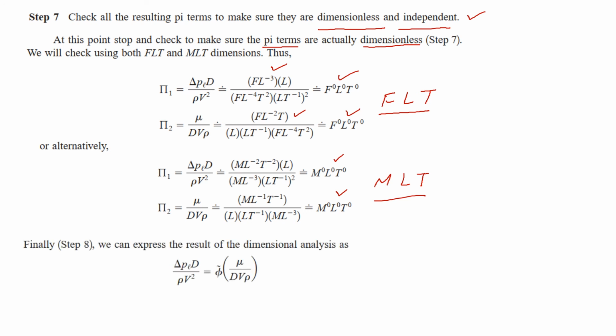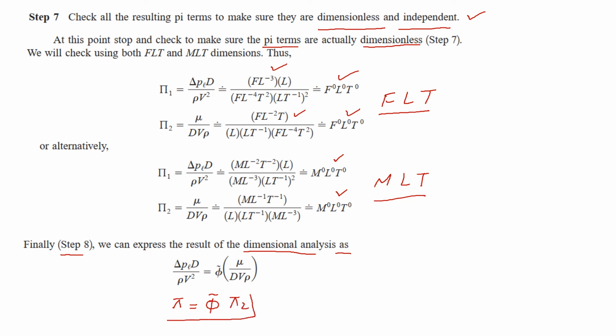And in the last step, finally in step 8, we can express the result of the dimensional analysis as such. This is pi1 is equal to pi2.